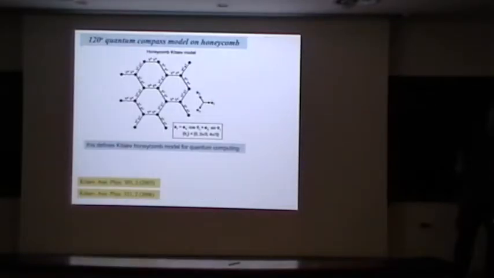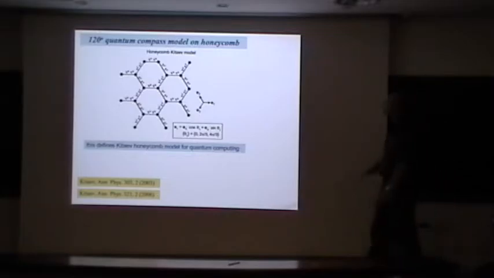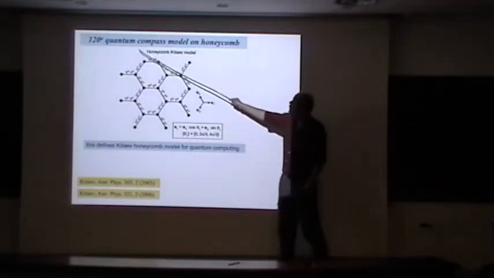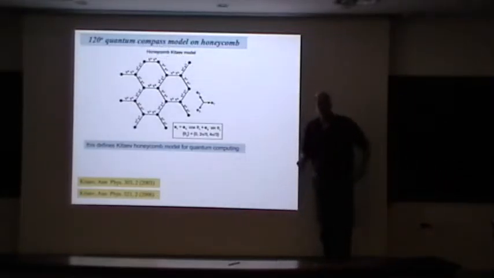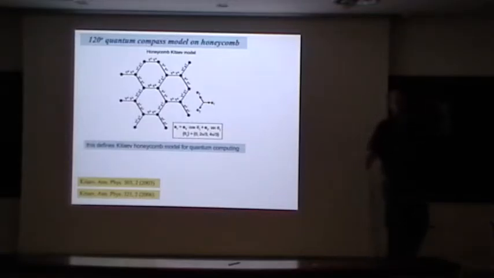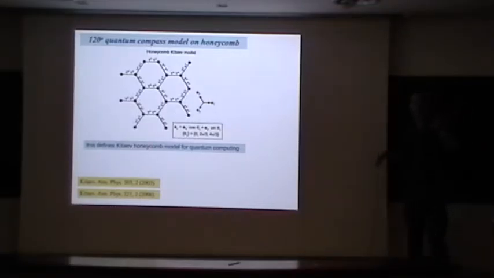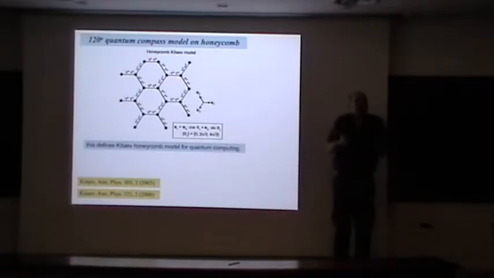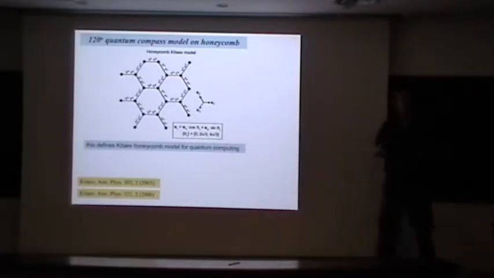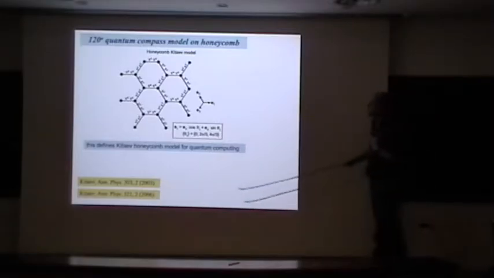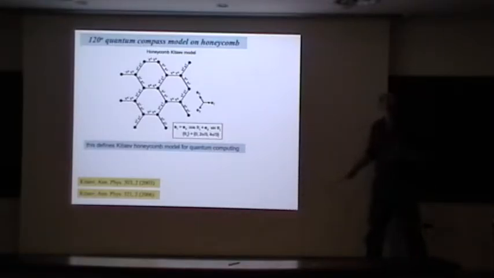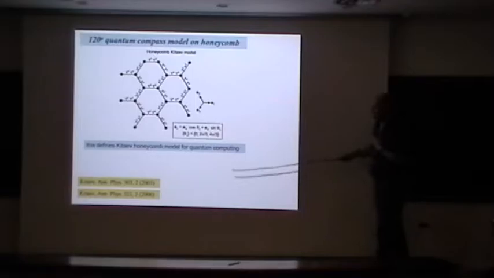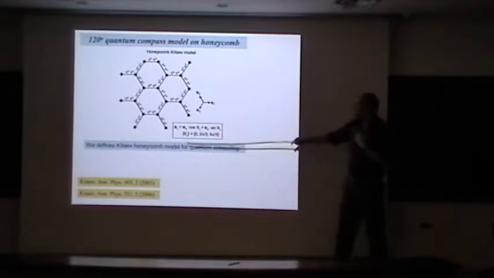Just to give you a flavor of this compass model, you can also take this 120-degree compass model and not look at it on the cubic lattice, but rather on a two-dimensional lattice where I have three bonds, the honeycomb lattice. That's actually the most natural setting of this 120-degree model. And this was done, not by us, way before, in 2003, by Kitaev.